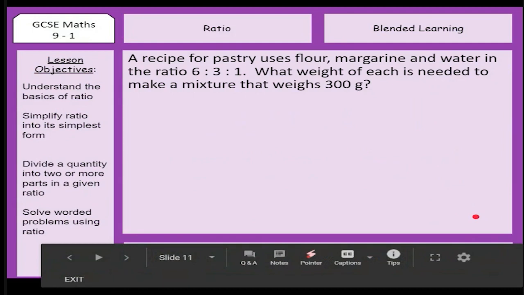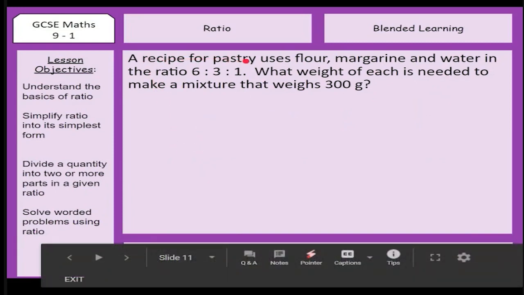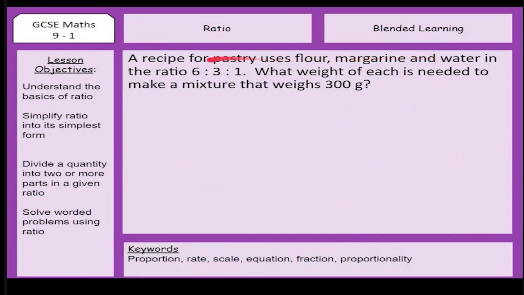Now this time we've got an extra ratio, but it doesn't make any difference. A recipe for pastry uses flour, margarine and water in the ratio of 6 to 3 to 1. So remember, we do it in exactly the same order.